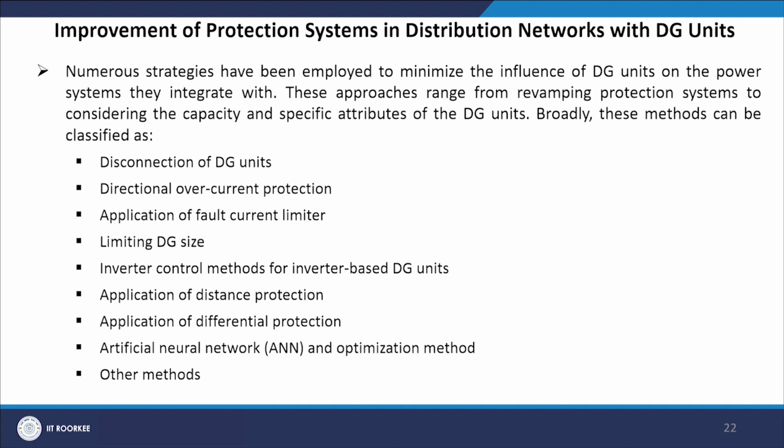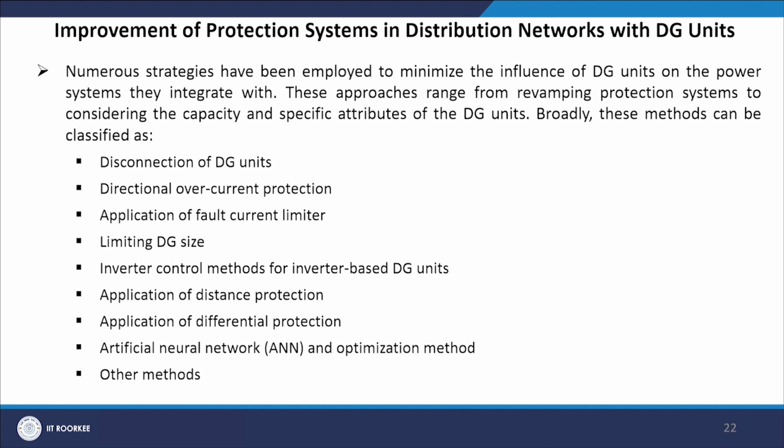Now, improvement of the protection system in distribution networks with DG units. Numerous strategies have been employed to minimize the influence of DG units on the power systems they integrate with. These approaches range from revamping protection systems to considering the capacity and specific attributes of the DG units.